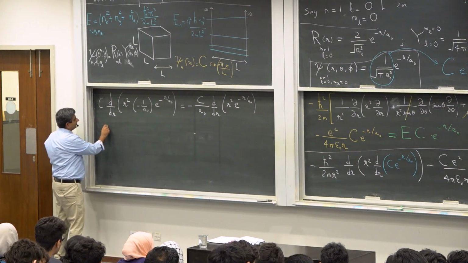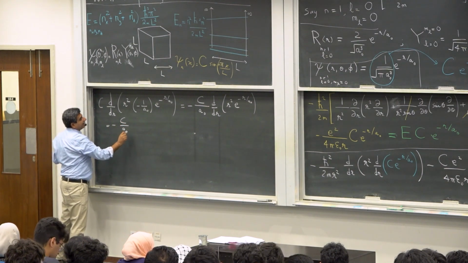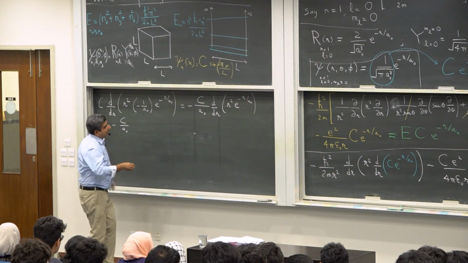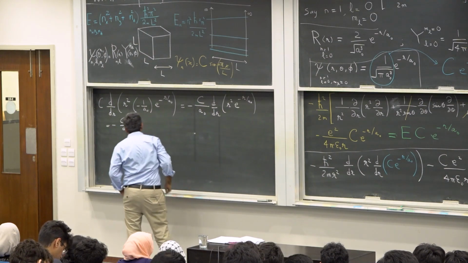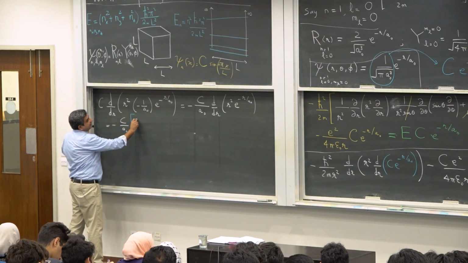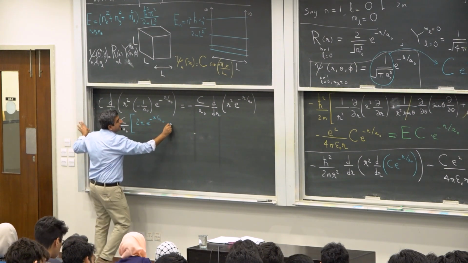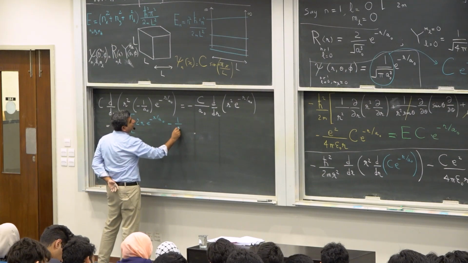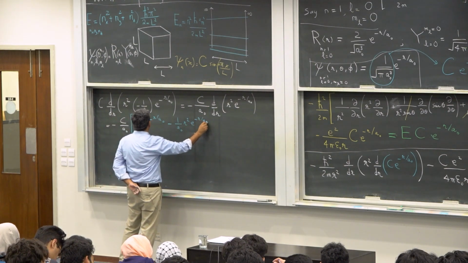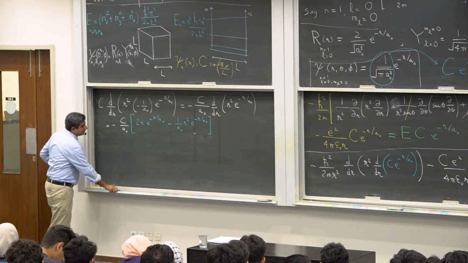Now I do the product rule. I take the derivative of what's inside the parenthesis over here, and the derivative is 2r minus 1 over A naught r square. All right.